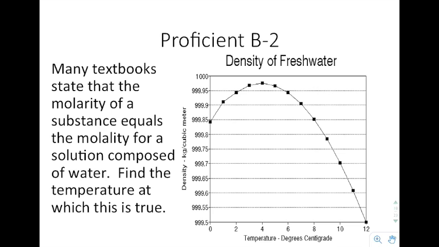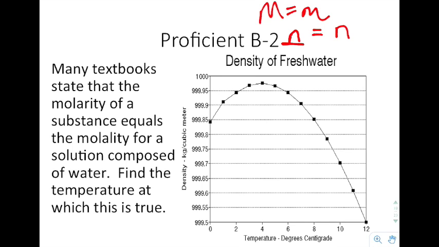In the next one, it says many textbooks state the molarity of a substance equals the molality of a solution composed of water. Find the temperature at which this is true. So what the textbook is saying is that molarity is equal to molality as long as the solvent is water. So if you were to look at this, let's look at the expression. The first one is we have number of moles equals number of moles.